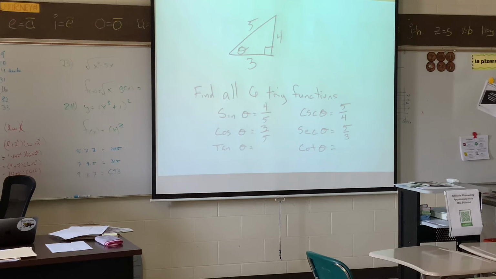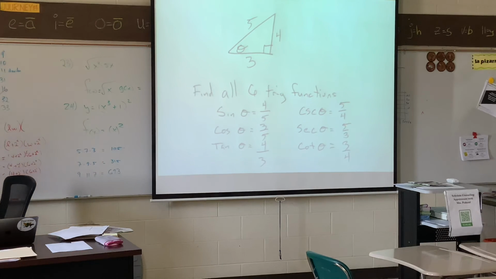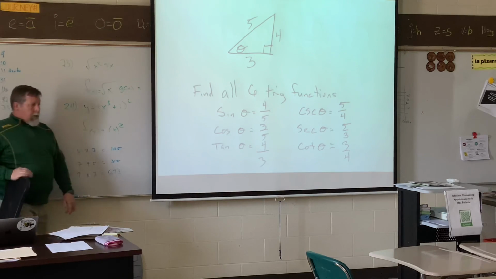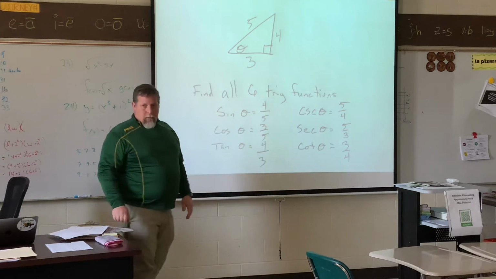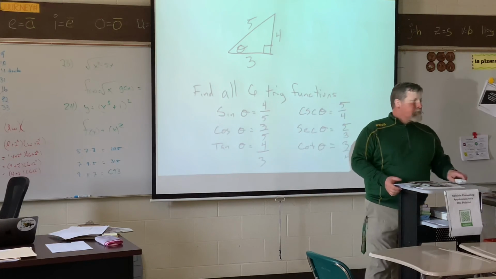It's y/x. No, that's 4/3. I'm sorry. Yes. What would cotangent then be? That is enough to give you guys all you need to get every single homework problem done and done correctly.